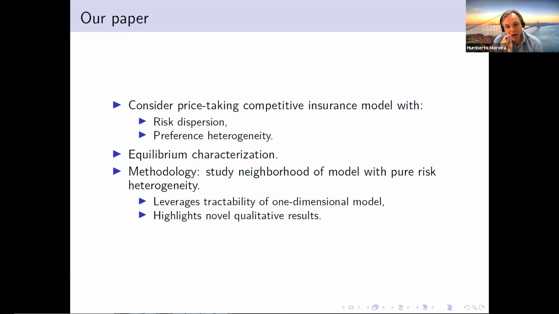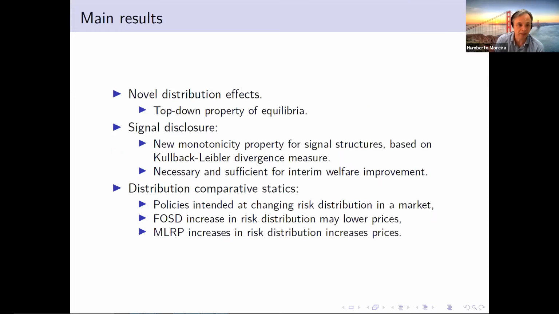So you're going to see how, departing from the one-dimensional model, the introduction of a small heterogeneity in this risk preference dimension is going to introduce some effect of the distribution on the outcome of the equilibrium, right? This is going to leverage the tractability of the one-dimensional model and highlight the novel qualitative results that you're going to have in this paper compared to the one-dimensional literature, right?